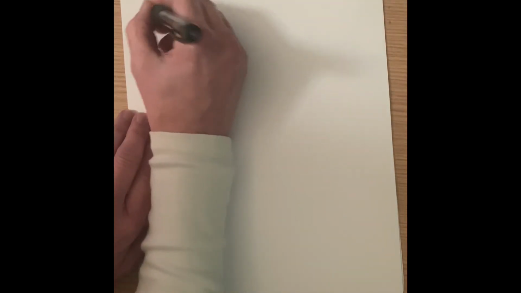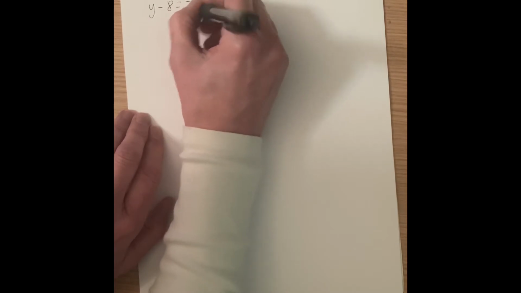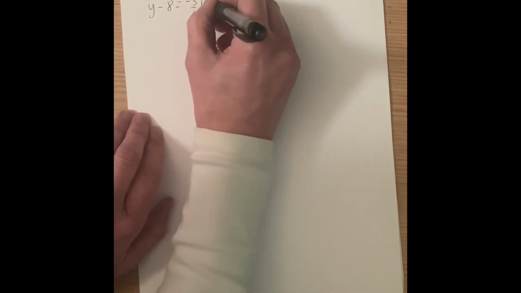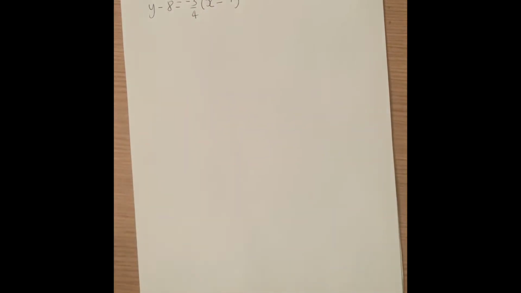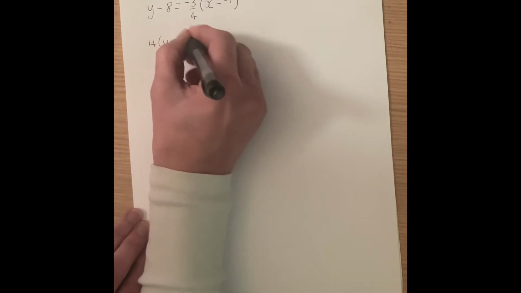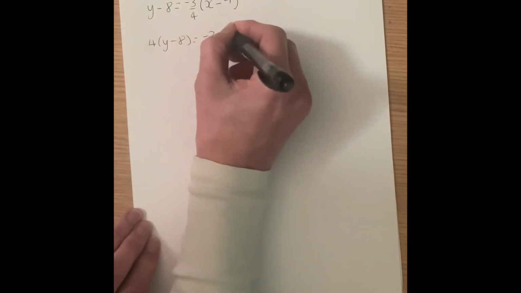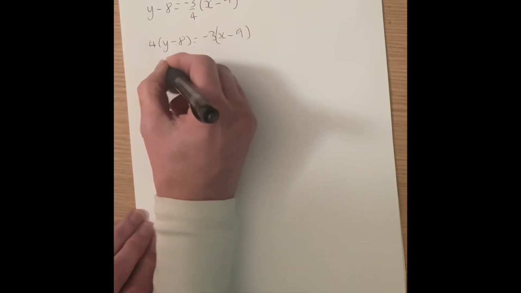So I've got a gradient of -3/4 and my point, which is 9, 8. So I'm going to have y minus 8 equals -3/4 (x minus 9). And then I'm going to multiply all through by 4. So it will give me 4y minus 32 is -3x plus 27, expand those brackets.